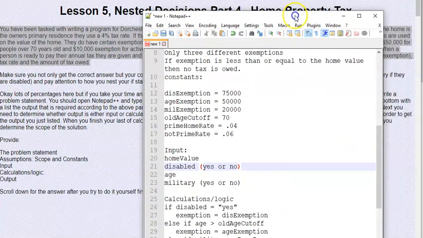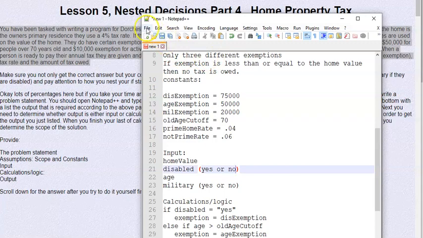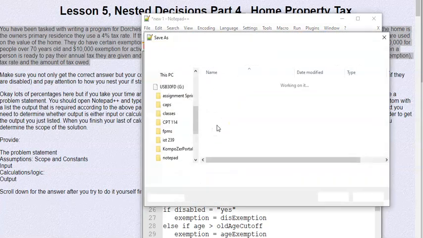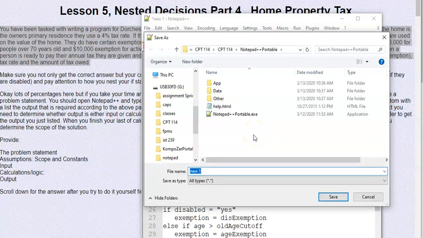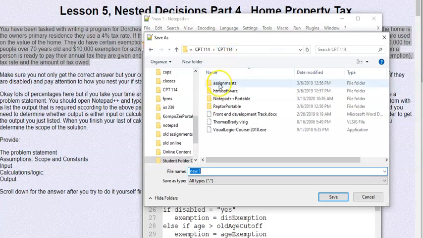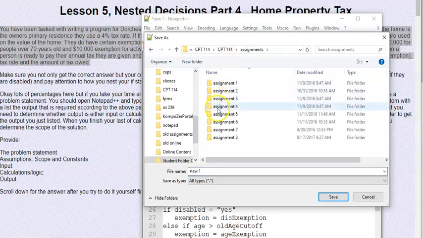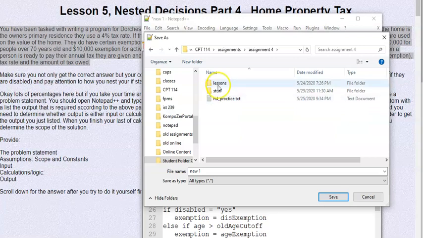All right, so this last thing we're going to do is save this. Okay, so we're going to go 114. This is going to our assignment 4 lessons.